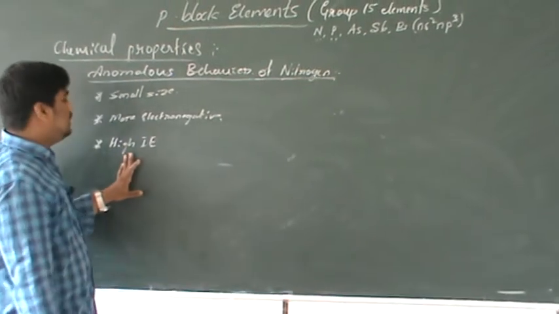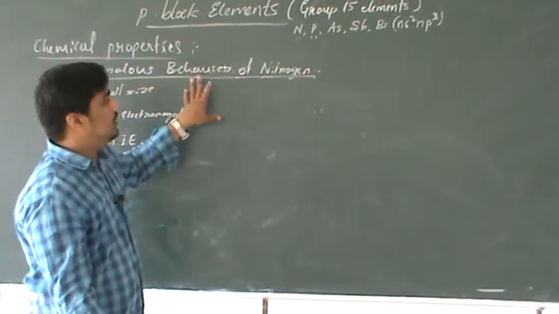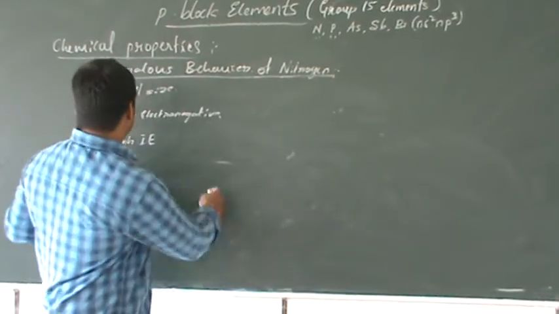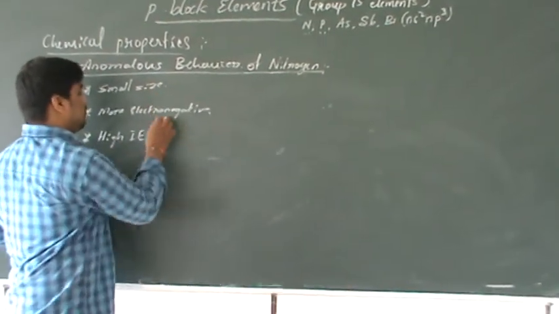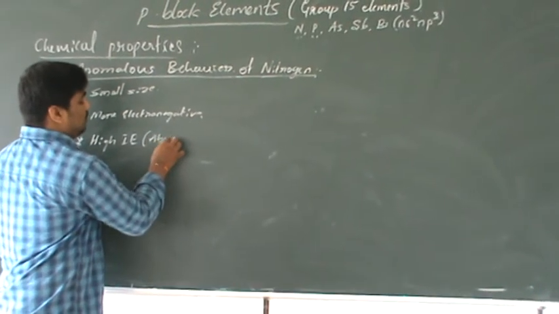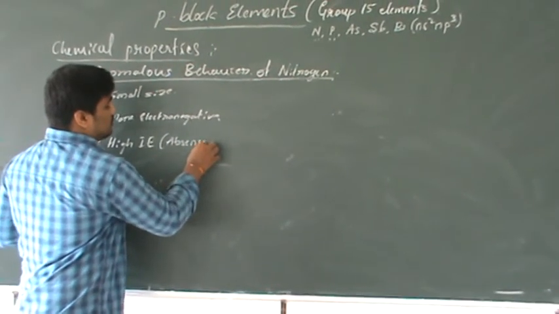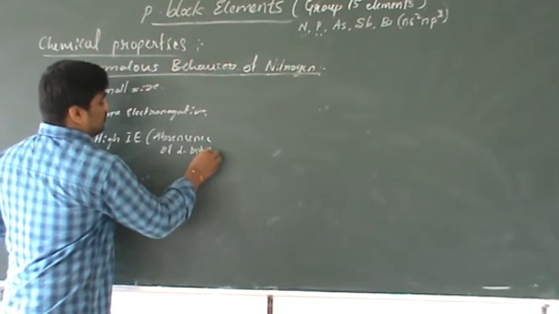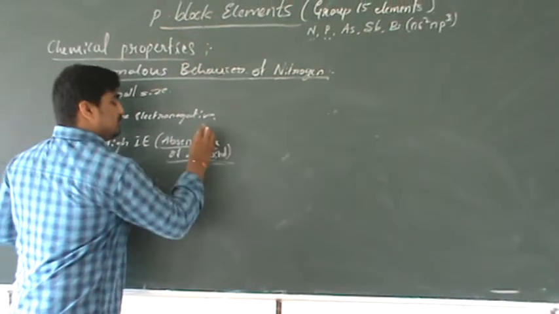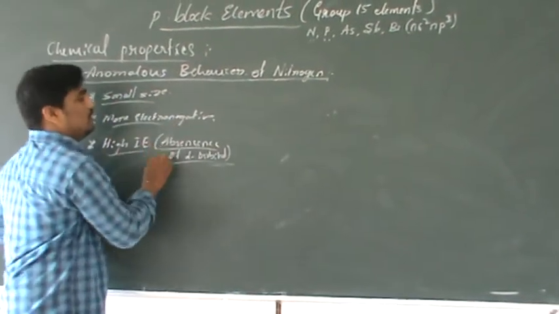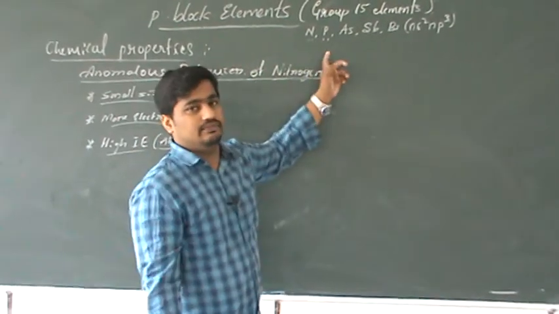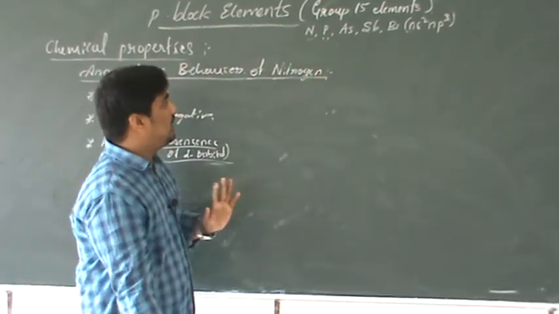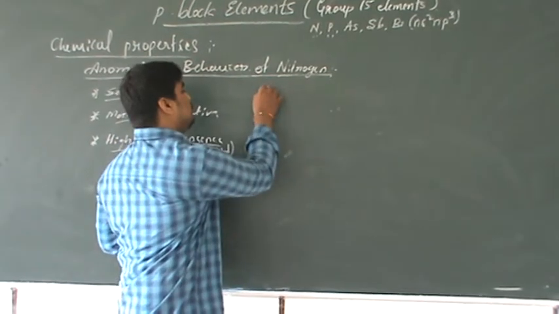So these are the three reasons for the anomalous behavior of nitrogen, along with the absence of d orbital in nitrogen. Because of these reasons, nitrogen behaves differently. It is known as anomalous behavior. There are 10 anomalous behaviors; I am considering only 5.